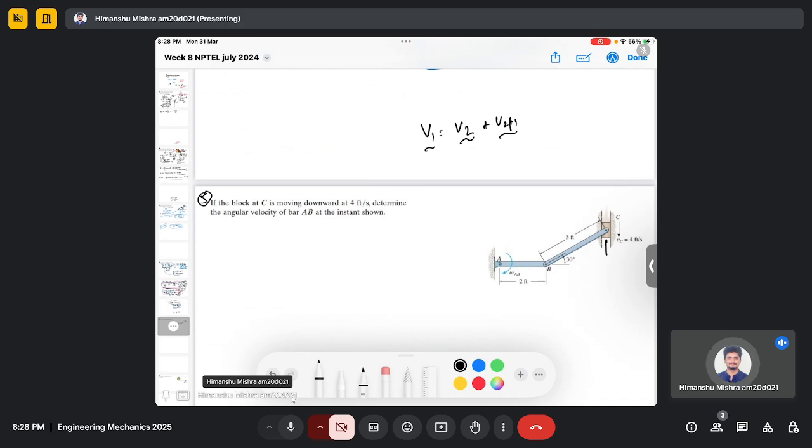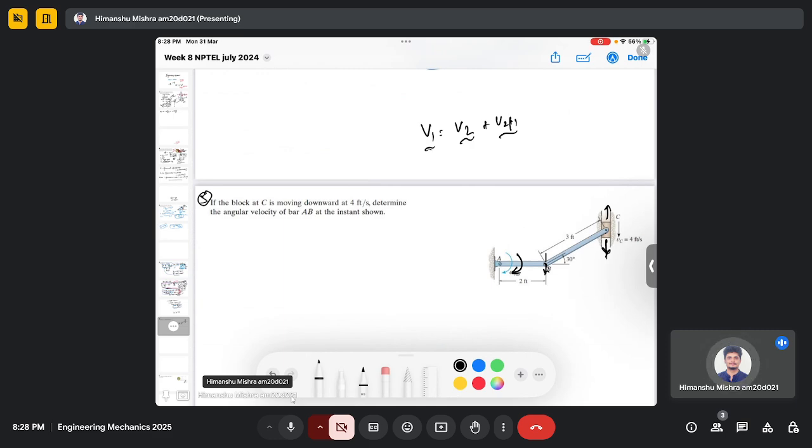Because this point is translating with some velocity, and this point is also translating. It is rotating and translating, doing both kinds of motion. You can see it is rotating, and as C is moving upward or downward, this is also moving upward or downward.